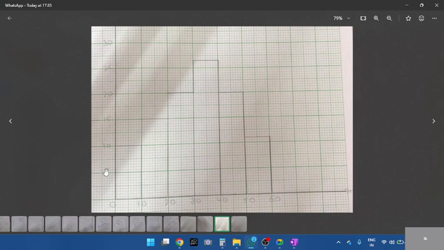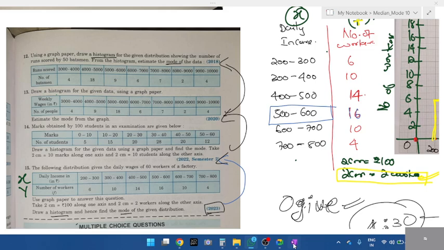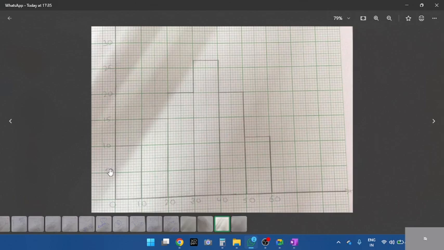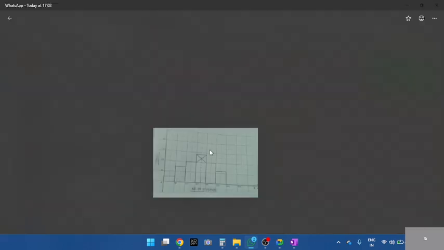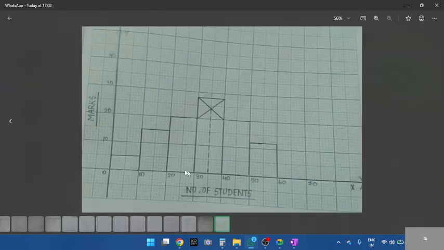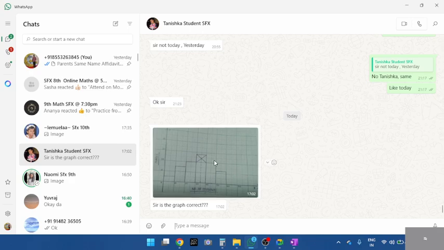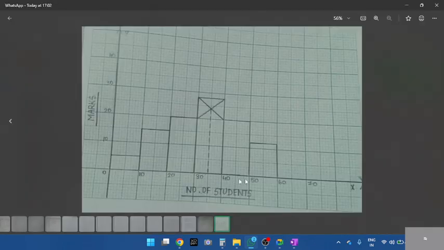What is this? Is it correct? Respond, Lemula. Instead of 10, 20, you have taken 5, 10, 15. So you think your graph is right? The graph is wrong. See, this is how it should be. Can you see the graph? 10, 20, 30 correct. Whose graph is this? Tanishka's, right? Yeah, this is correct. 10, 20, 30, 40, 50, 60.